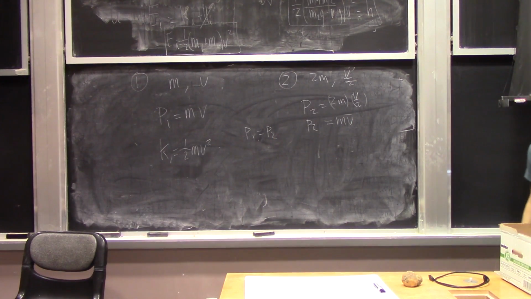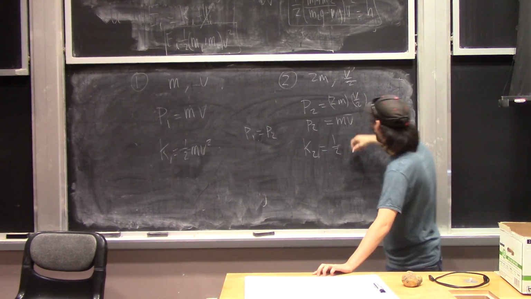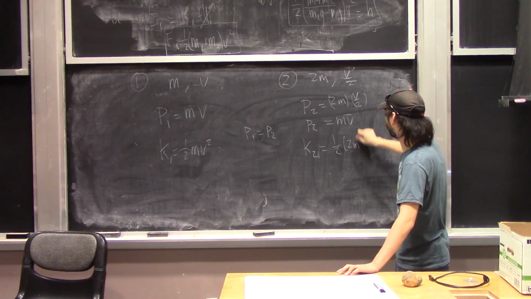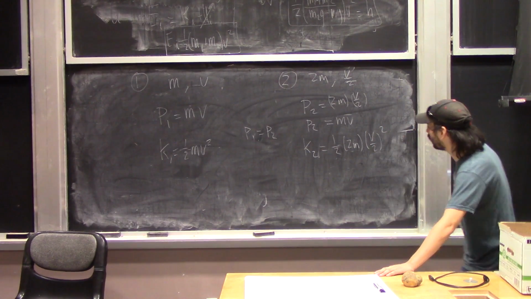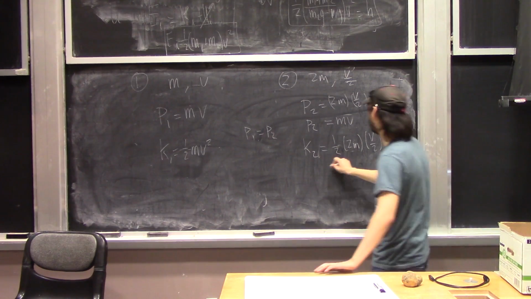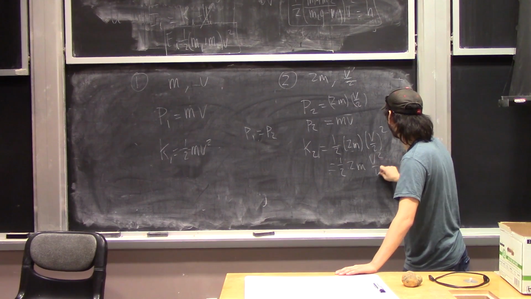And then to find what the kinetic energy is, K2 is going to be 1/2 m, which in this case is 2m, times v squared, which is v over 2 squared. So this is going to be 1/2 times 2m v squared over 4.